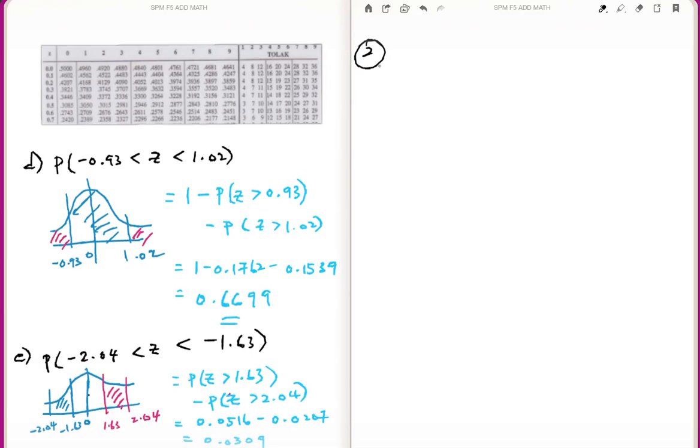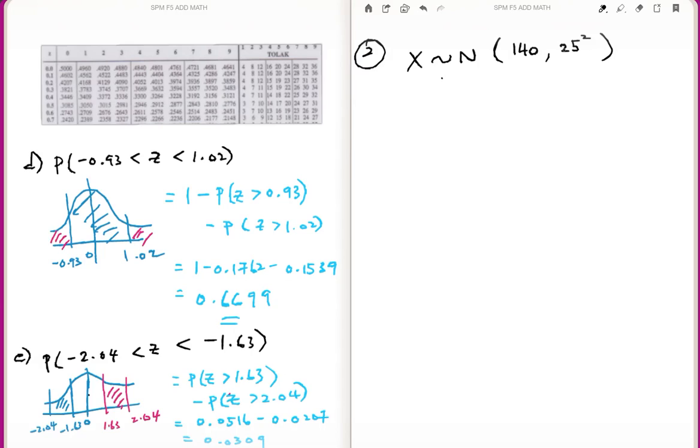Maybe example 2. Now the question says, X is a normal distribution, a standard normal, with a mean of 140 and variance or standard deviation 25. Okay, why is it a square?